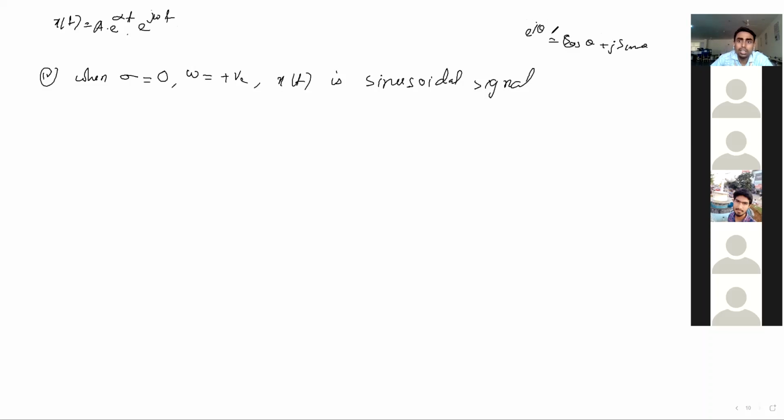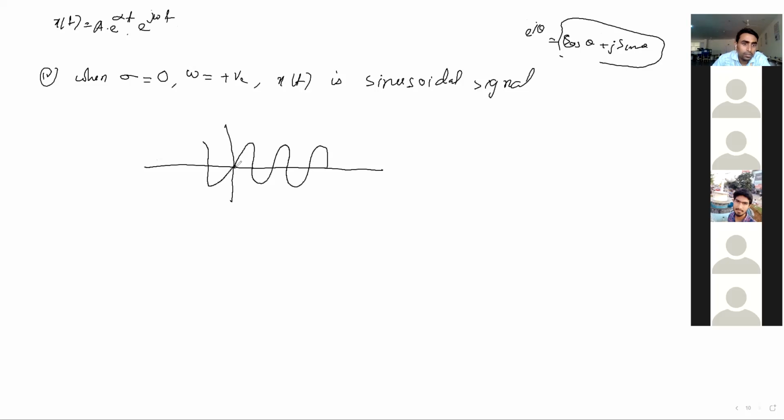So you can say that these are nothing but sinusoidal signals. So when sigma equal to 0 and only the omega value is there, we get the sinusoidal signal where the amplitude is A, because A is the amplitude of the sinusoidal signal.